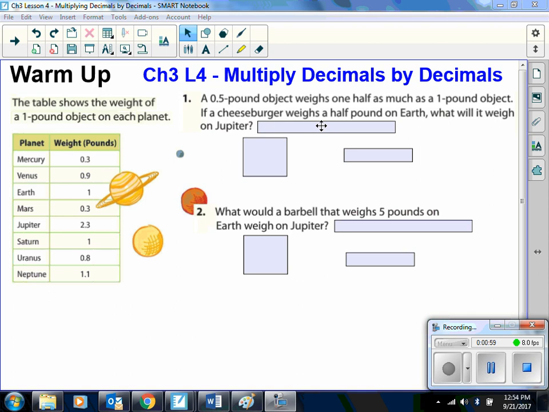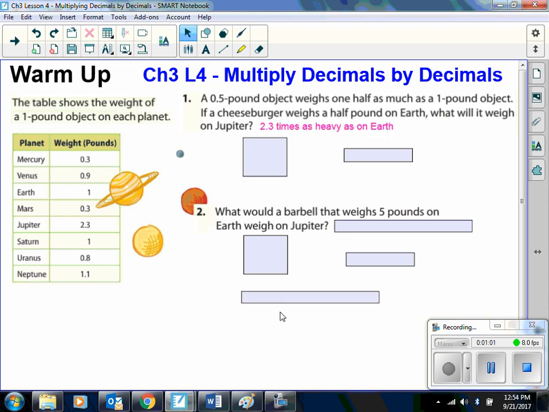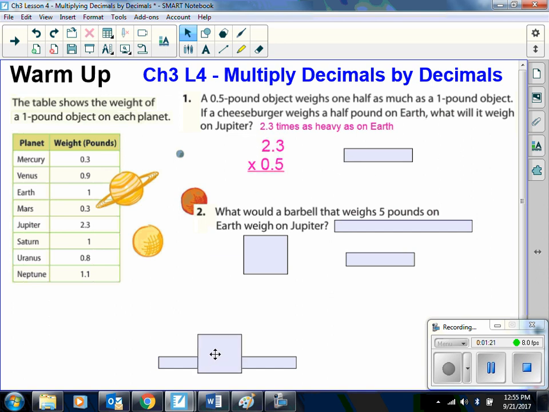So to find out how much it weighs on Jupiter, we multiply 2.3 times the 1/2 pound that it is on Earth. When you do the multiplication, you end up with 1.15 pounds.